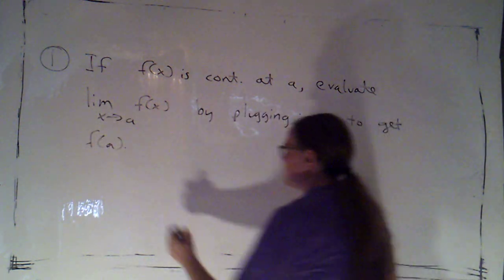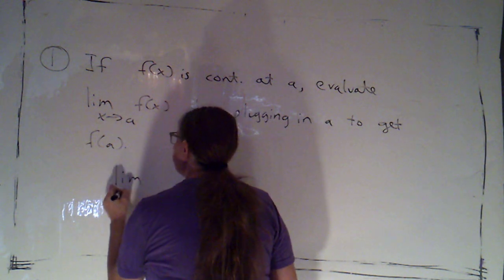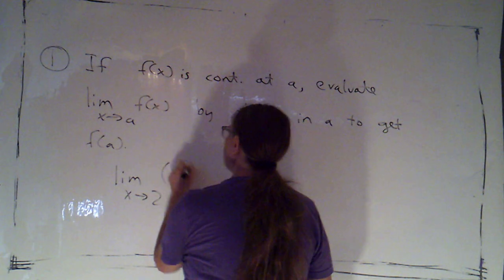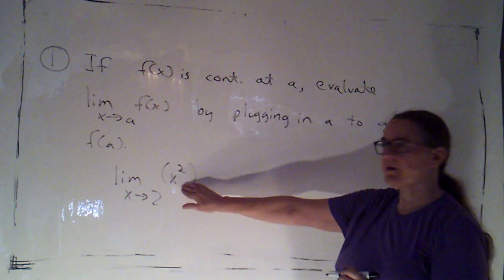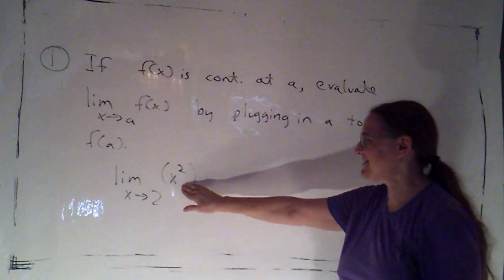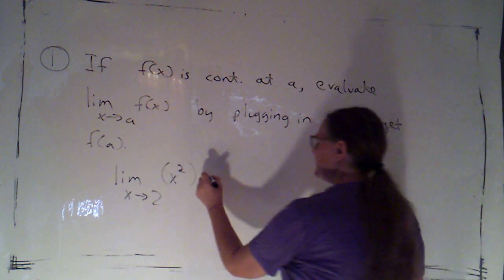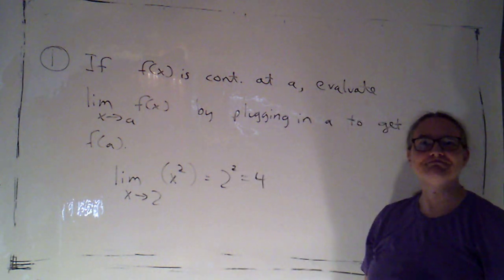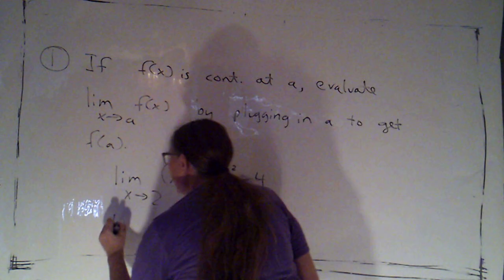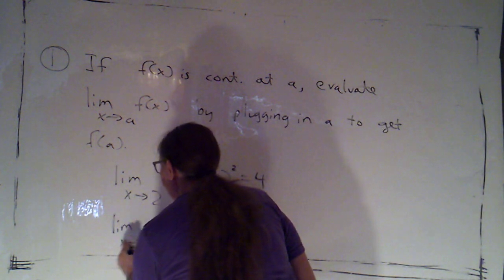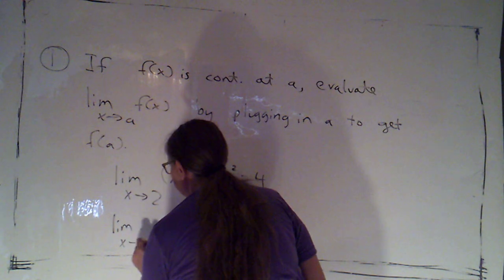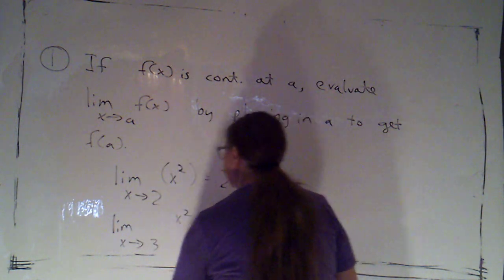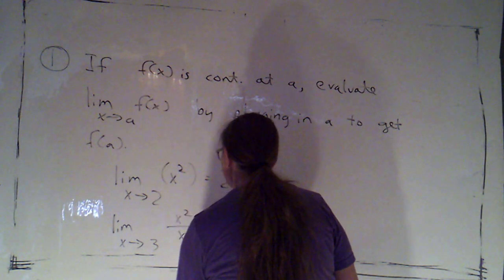All right, here's an example. Let's say I wanted to take the limit as x goes to 2 of x squared. Well, that's just a power function. That's continuous. 2 is in its domain. So this would be 2 squared. That's 4. Okay. Let's say I want to take the limit as x goes to 3 of x squared plus 5x over x minus 2.